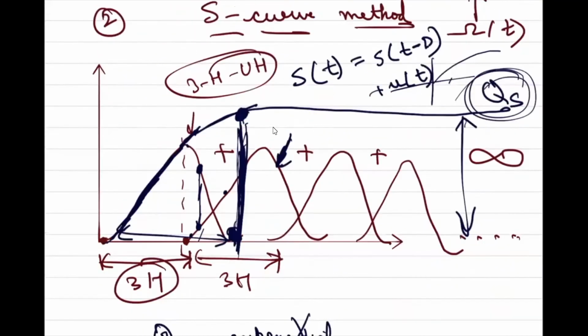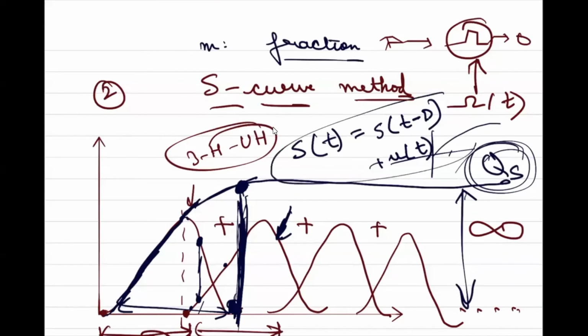And the governing equation is S_t = S_(t-D) + U_t. All it says is that if we want to derive the coordinates of the S curve here, we should go D steps backwards, look at the value of the S curve, and add the value of the unit hydrograph where we are standing to it. That should give us the S curve.